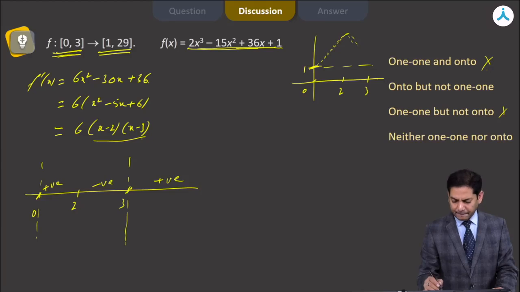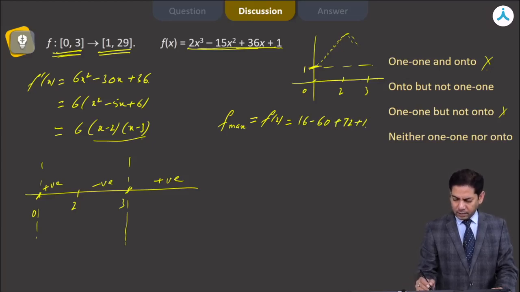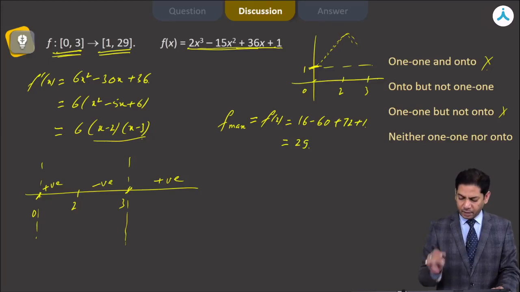So f max, the maximum value of the function on the given interval, will be equal to f of 2. Let's calculate that. That would be 8 multiplied by 2, 16 minus 60 plus 72 plus 1, that is 29. 29 is the maximum possible value.